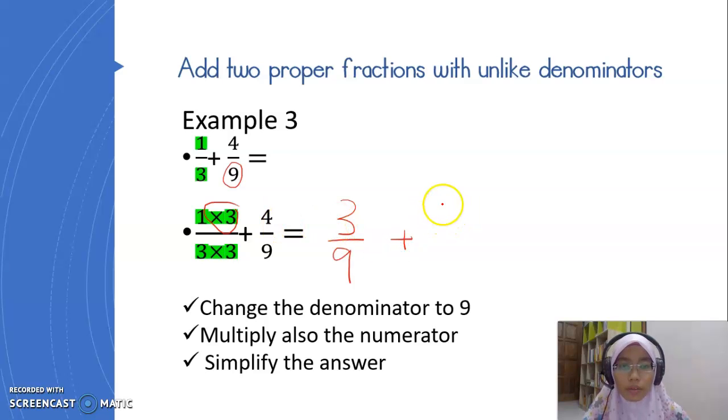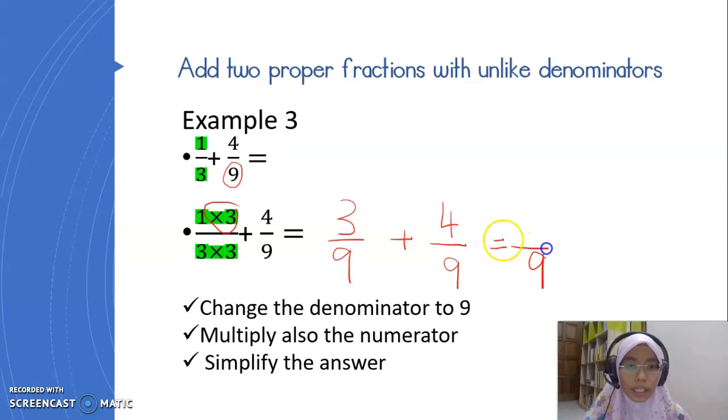Plus with 4 over 9. You can do equal over 9. 3 plus with 4, 7. You don't have to simplify because it is already simplified.